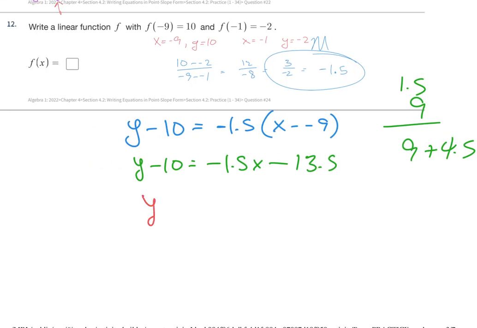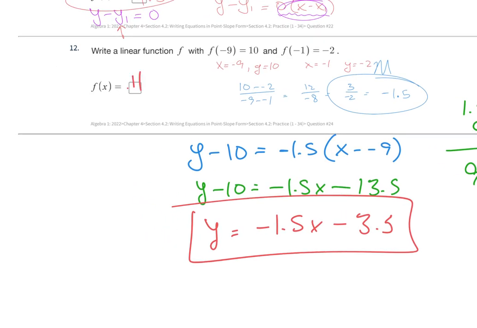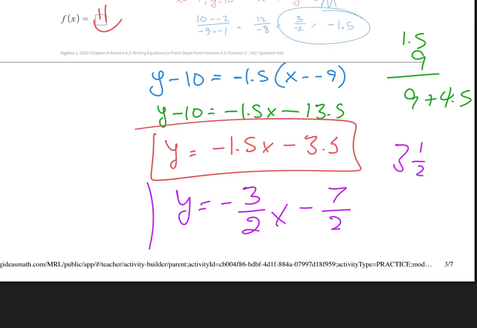Fun. Add the 10. So I wonder if you were to type that in, if it would be happy with that, or if it would say, where's my fractions? So here's the fractions. Let's see, negative 3.5, negative 3 1/2, that's negative 7 halves. So there's the fractions in case they're looking for them.